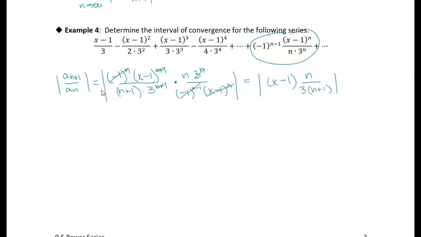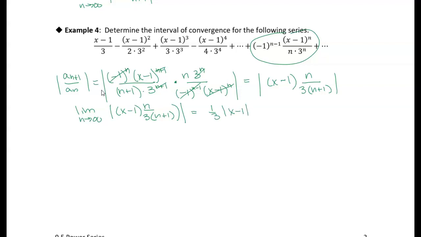All right, so now let's take the limit as n goes to infinity of this thing, |x minus 1| times n over 3(n plus 1). The n over n plus 1 part just goes to 1, but we still have this 3 in the denominator. So it looks like the limit goes to 1/3 |x minus 1|.